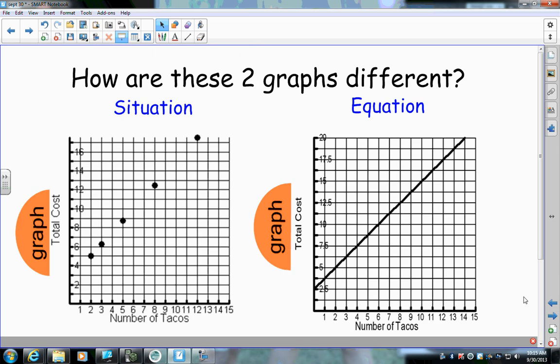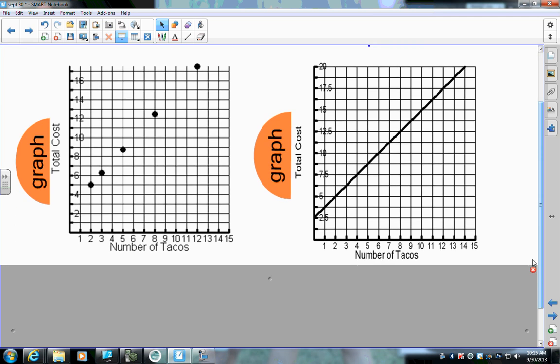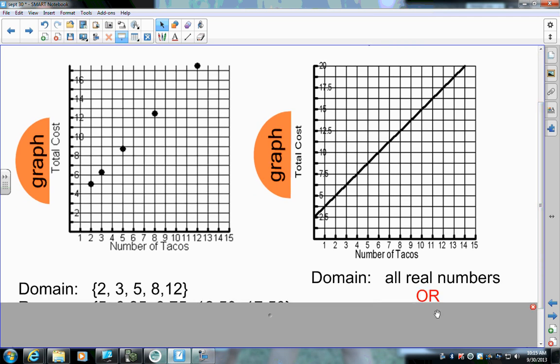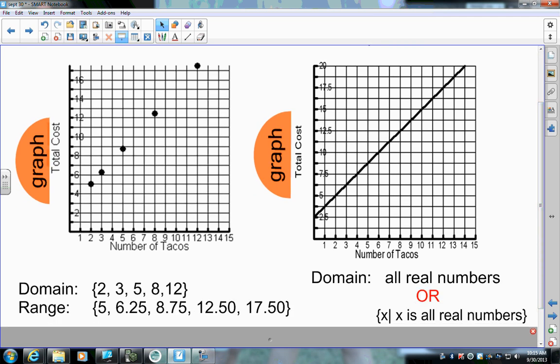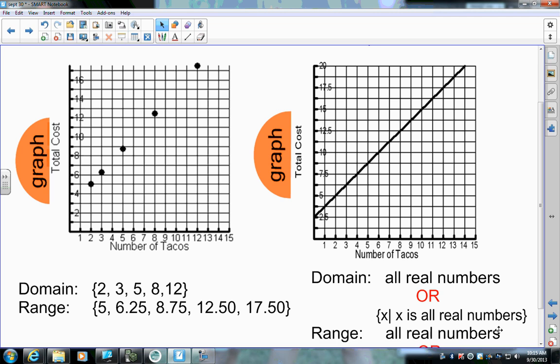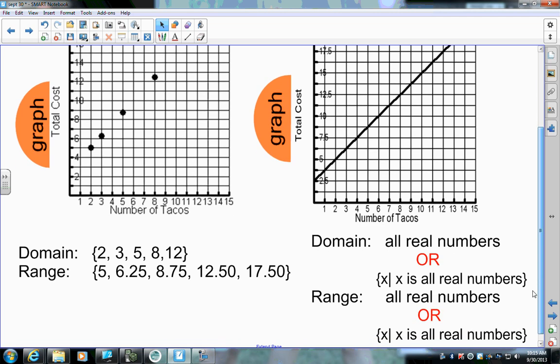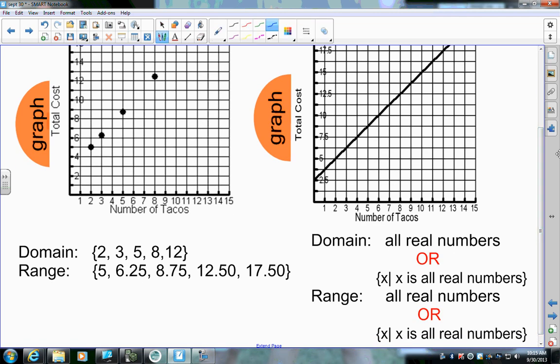All right. So now let's look at the difference between these two graphs. Looking at the situation and the equation. When you're talking about domain and range of a situation versus just an equation. Remember, this line is just the equation. If I just put the equation in the calculator and press graph, this is what it'll show me.